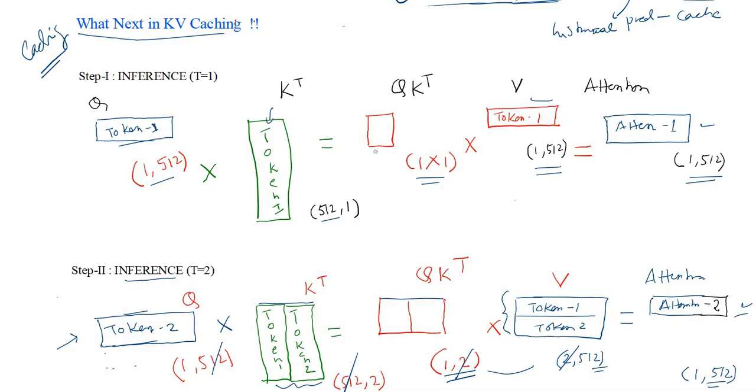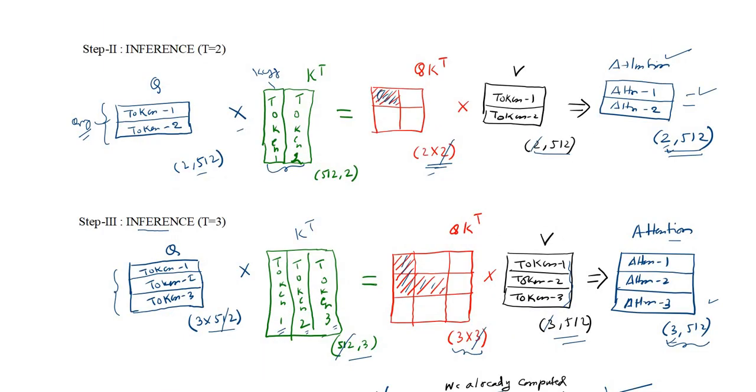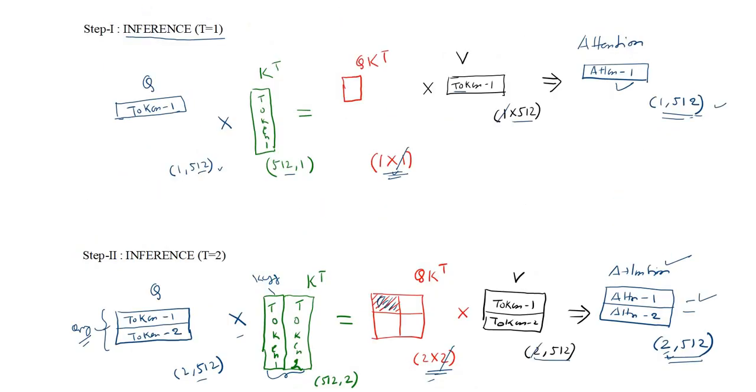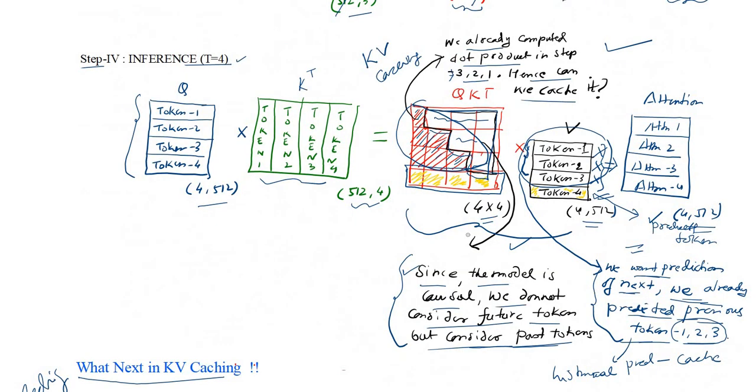And if you see, these vectors are increasing in terms of rows, not in terms of a matrix here. So it was 1 cross 1, 2 cross 2, here 3 cross 3, here 4 cross 4.